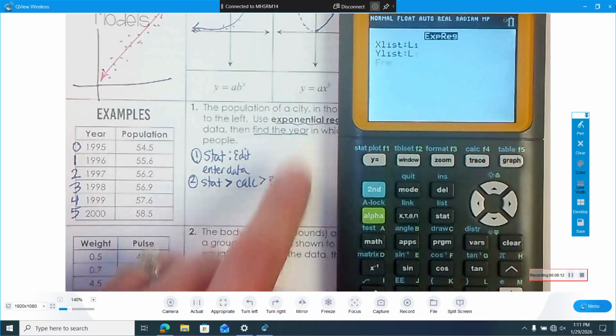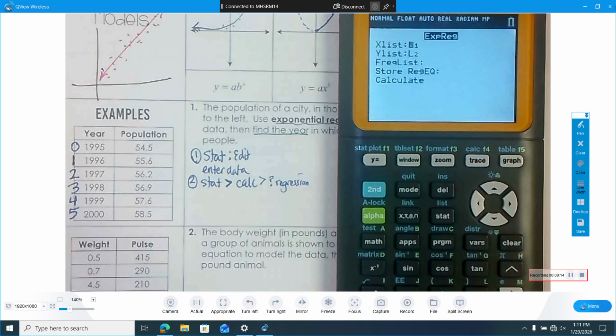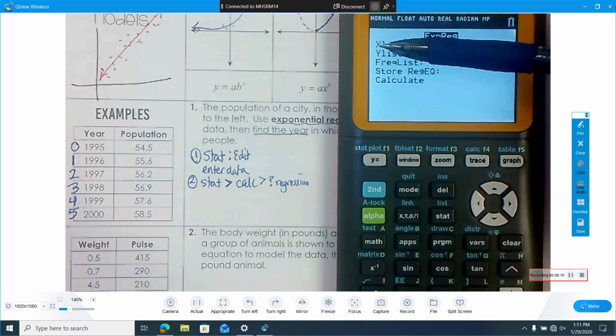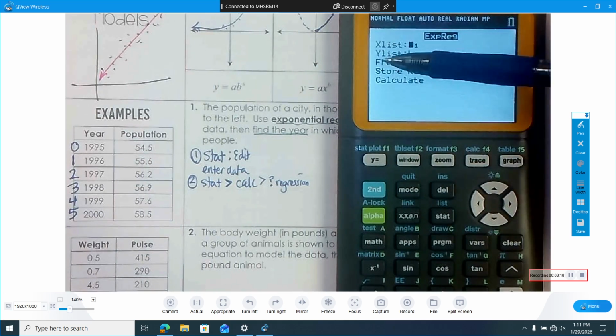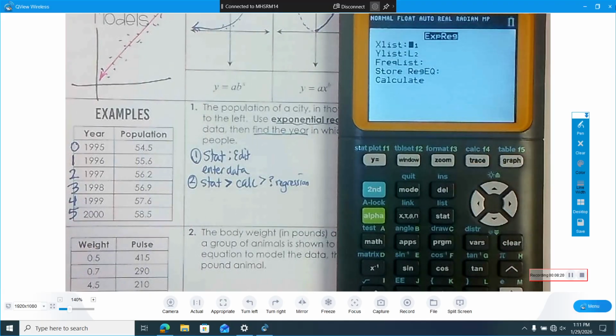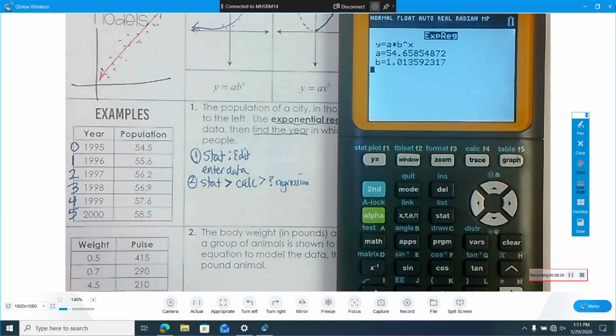And so we're going to choose that 0. And you can see that it's saying our X data comes from list 1, our Y data comes from list 2. And all you have to do is basically hit enter, enter, enter, enter, and then it'll finally calculate for you. And then it gives you an equation.